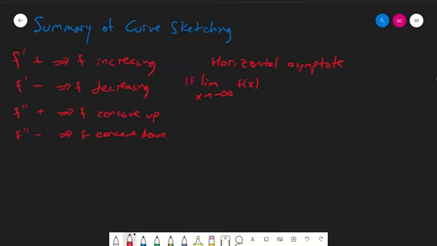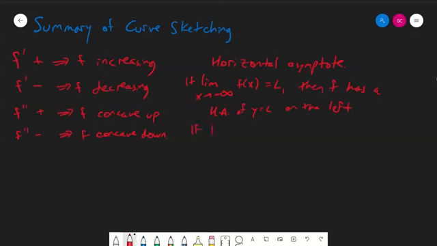And if that limit is equal to L, well then f has a horizontal asymptote of y equals L on the left, meaning that as you go toward negative infinity on the graph, your graph looks more and more like this horizontal line y equals L.